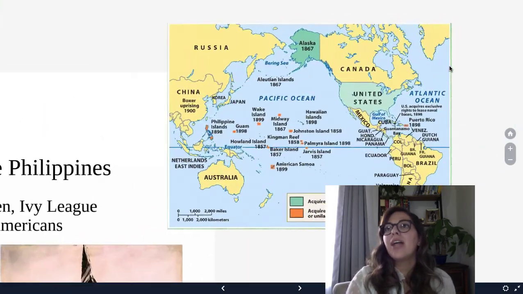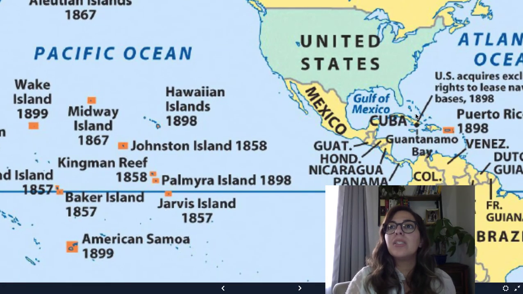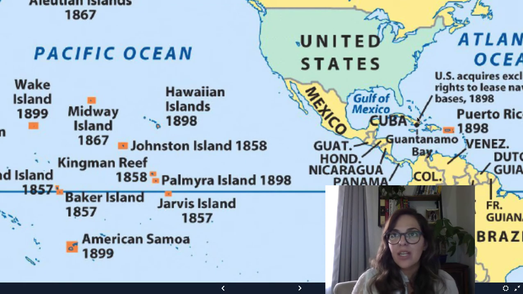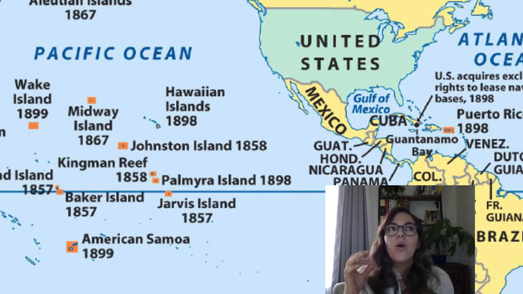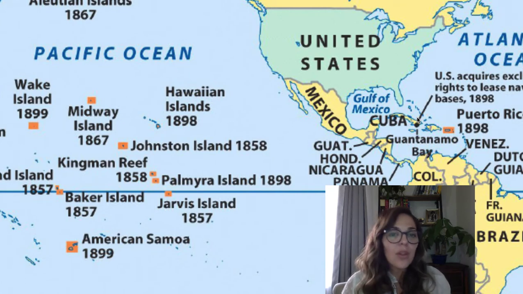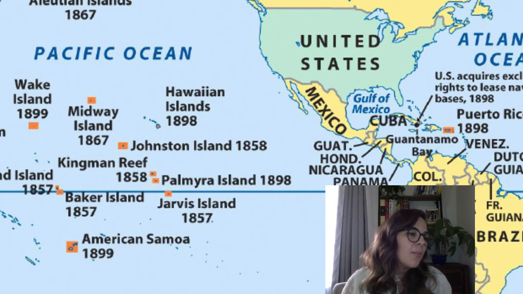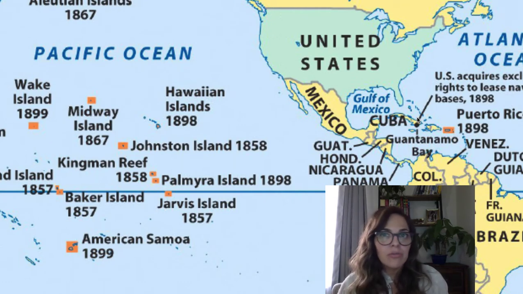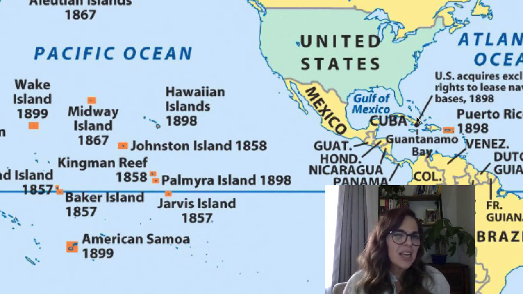Because if we look at our map, right, Cuba is like 90 miles away from the United States. So part of the reason why they don't want it, remember the Teller Amendment, is because Cuba is a biracial country, and making it a part of the United States is really not in line with their desires to preserve their demographics.